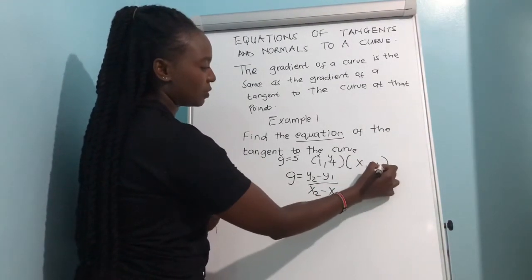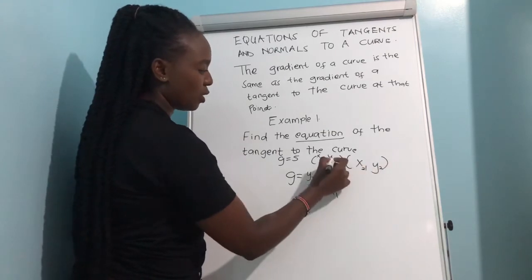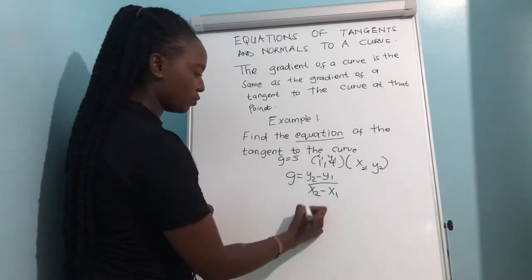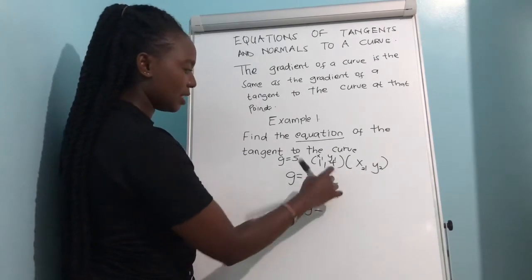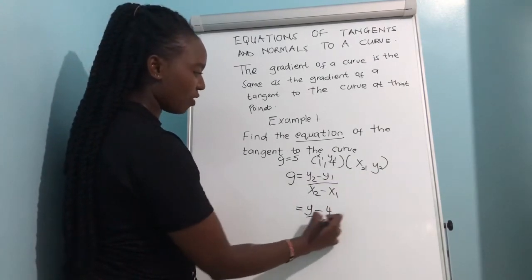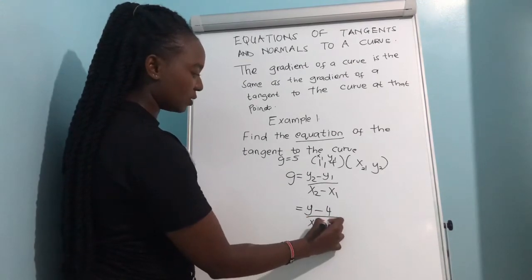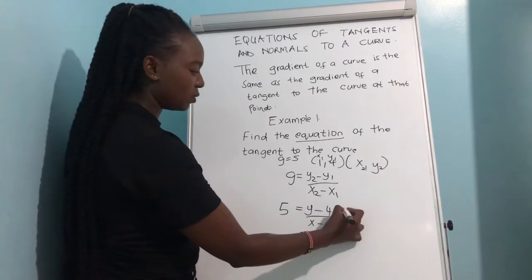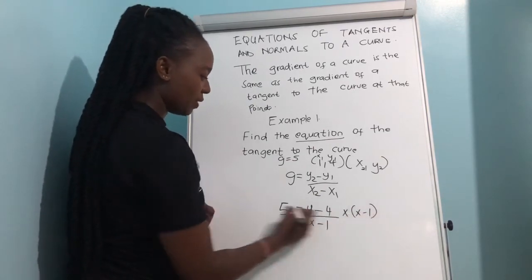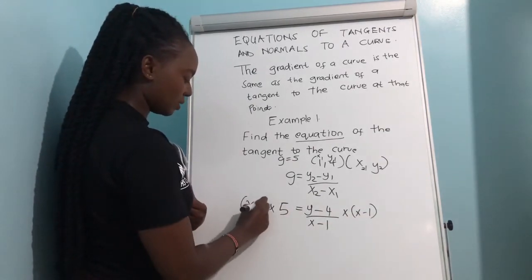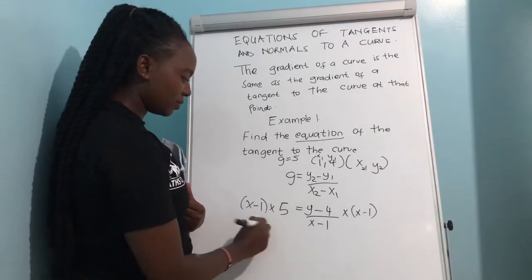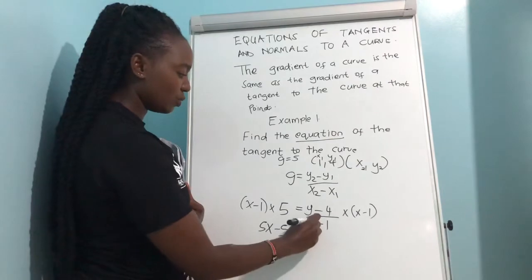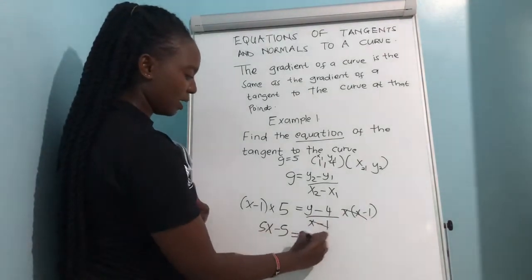So this becomes y minus 4 over x minus 1. The gradient was 5, so we cross multiply both sides by x minus 1. So this becomes 5x minus 5 equals y minus 4.